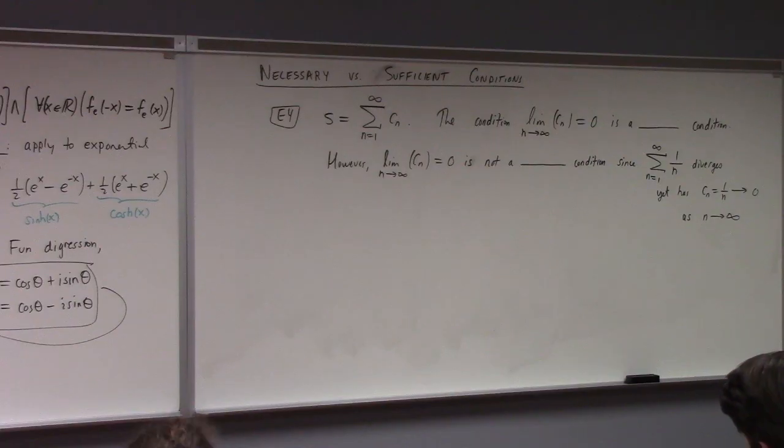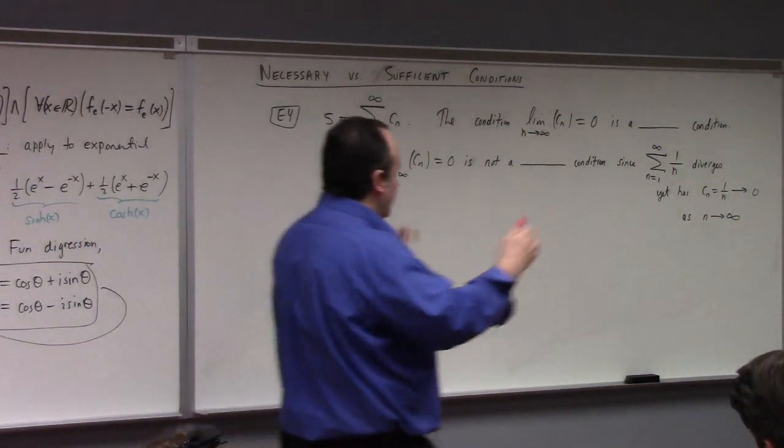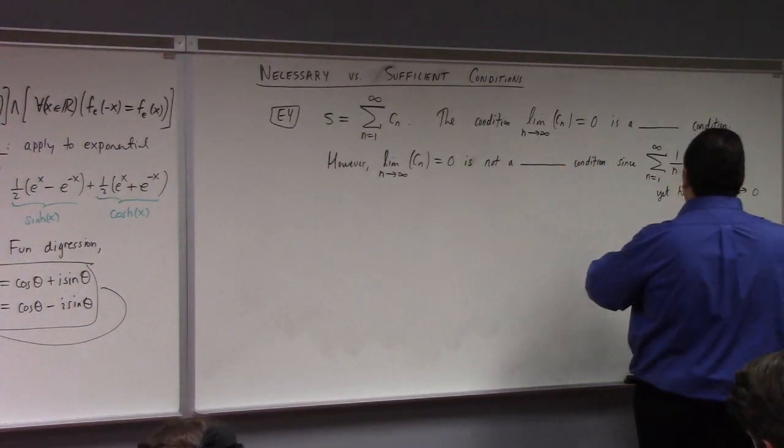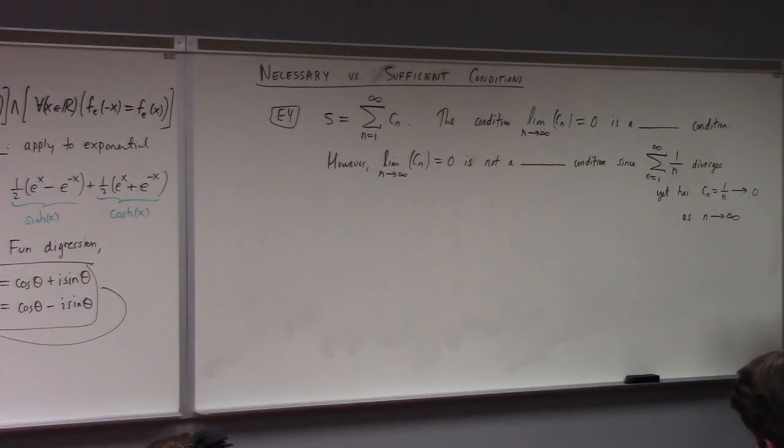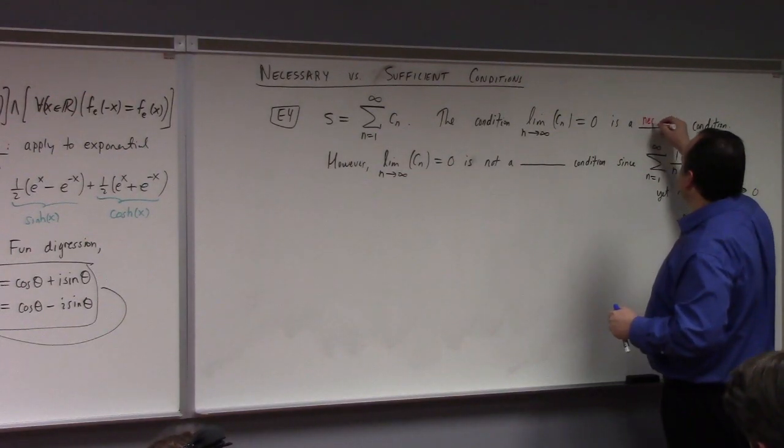So you fill in the blanks for me. What do I need to put there? This top thing we called the nth term test, right? If you have a convergent series, it must satisfy the nth term test. It's a necessary condition.